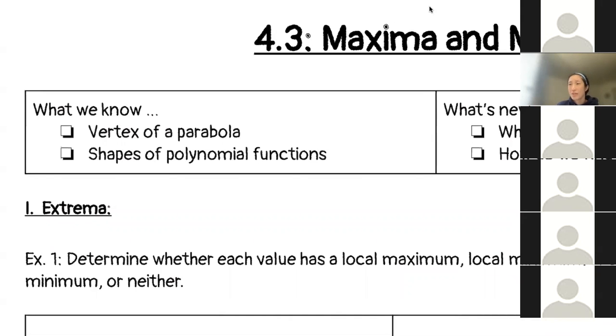Yeah, it's like the turning point, the pointiest part.